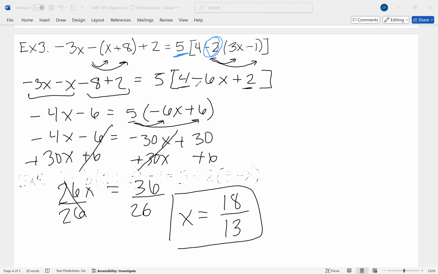When that is simplified out, you will combine the like terms, and then you are able to mess with that 5, okay? So that is part 1 and part 2, how to solve linear equations containing those parentheses, brackets, and fractions for Math 131, Objective 4.